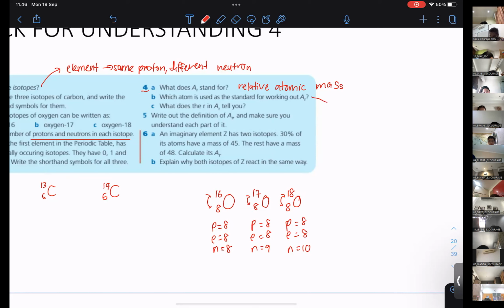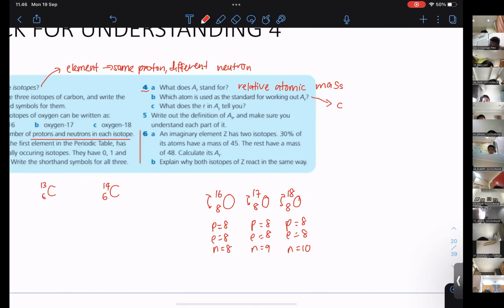The atom that we are going to use as the standard is carbon. Be specific, carbon 12. Now, what does the R in AR tell you? The R tells you relative, in comparison. Then write the definition of AR and make sure you understand each part of it.